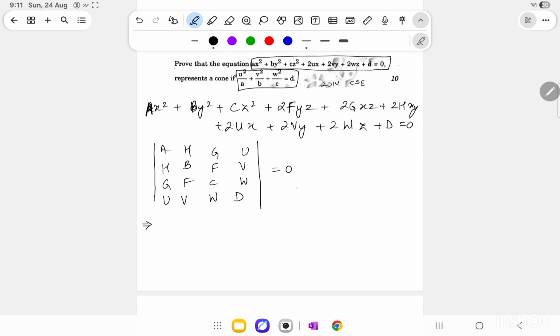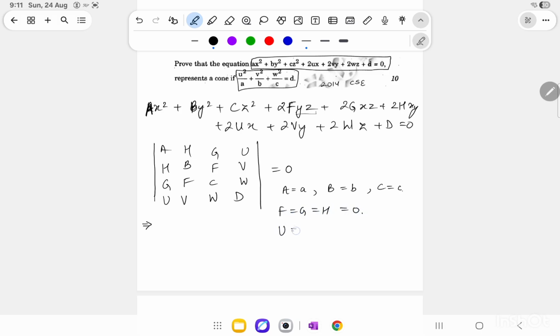If we compare it with the given equation, we'll get capital A as small a, capital B as small b, capital C as small c. Since there are no terms involving yz, zx and xy, f equals g equals h equals 0.